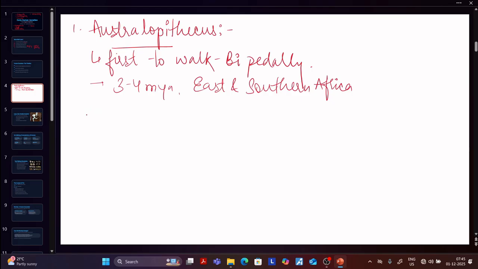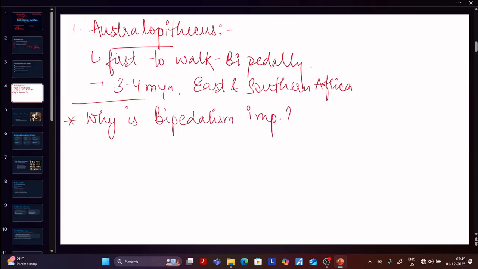Now, why is bipedalism important? Walking upright freed the hands.